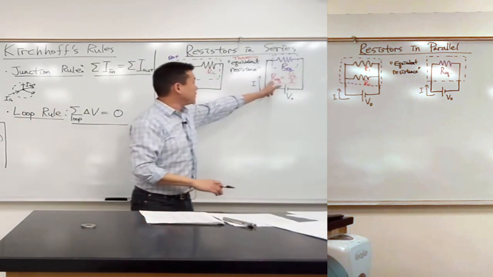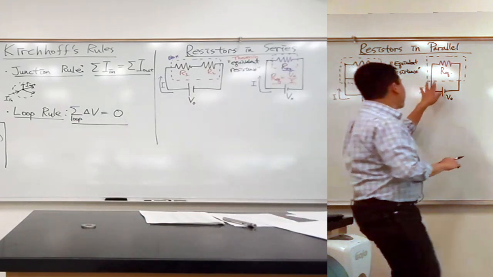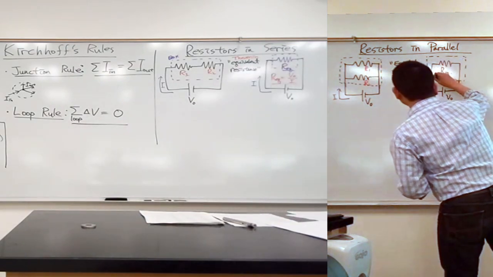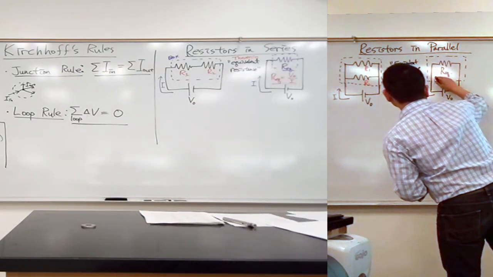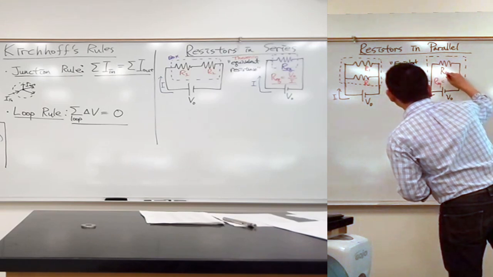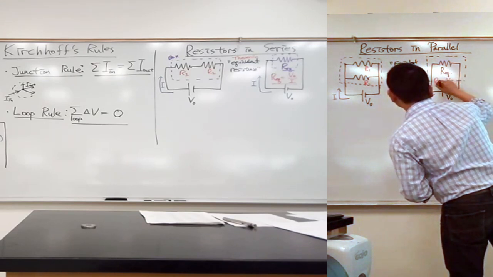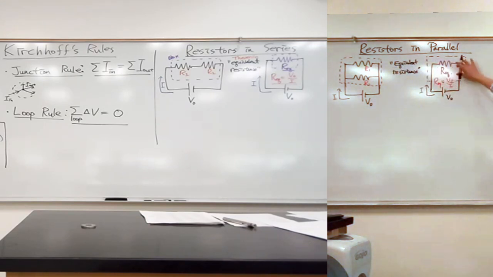Good? And in fact, it will be the same formula here. Whatever that equivalent resistance is, it must be consistent with voltage applied over the current. If not, then this model of the black box I have is just completely wrong.